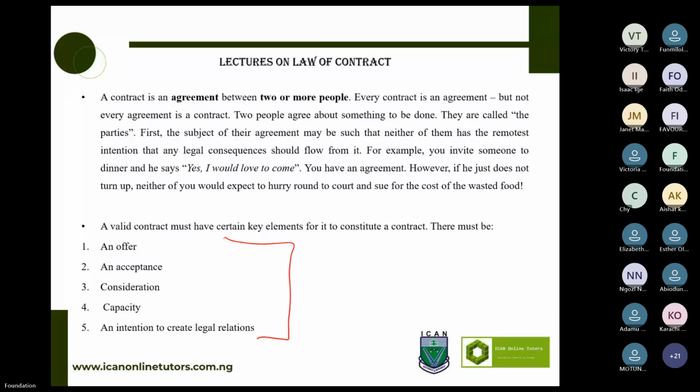So now we have A and we have B. Now, when A expresses intention to enter into a business transaction with B, A just expresses what we call an offer. Do you hear that, class? A just expresses what we call an offer. I will go into detail later.